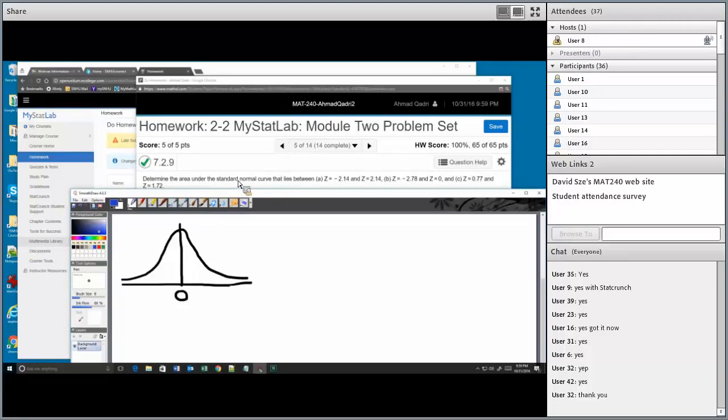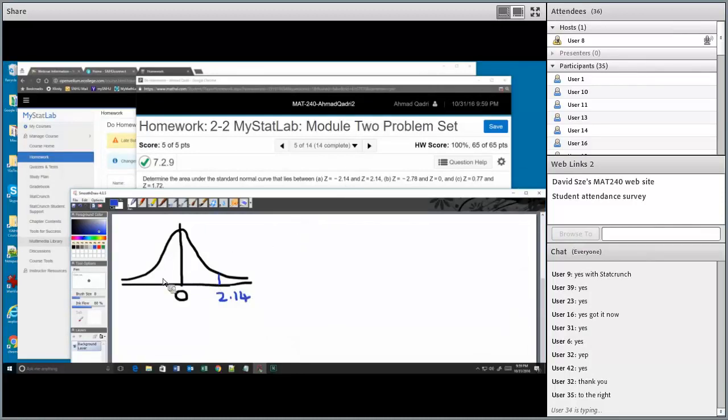Determine the area under the standard normal curve. Again, it's standard normal, so we know the center is 0. That lies between these two values. Okay, between these two values. So let's say, where is 2.14? 2.14 is here somewhere, right? So maybe it's here somewhere. Okay. And then where's minus 2.14?